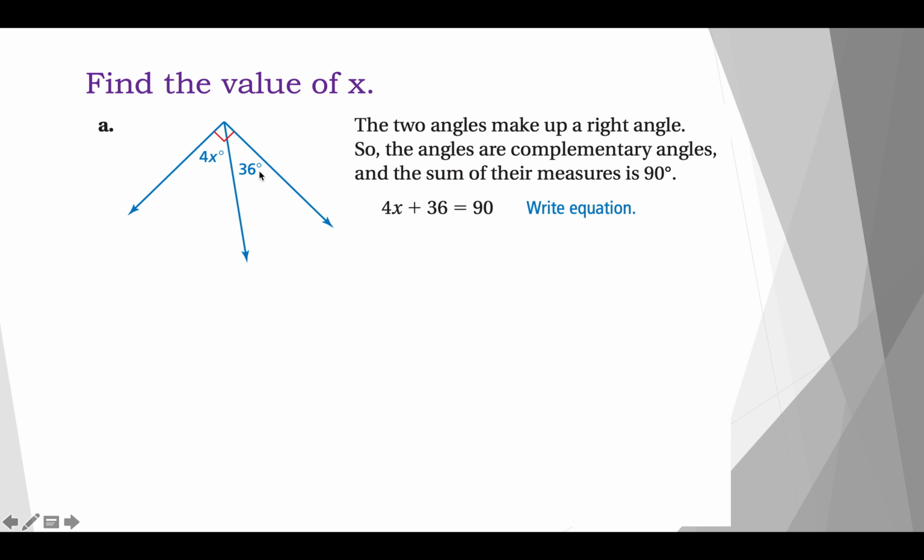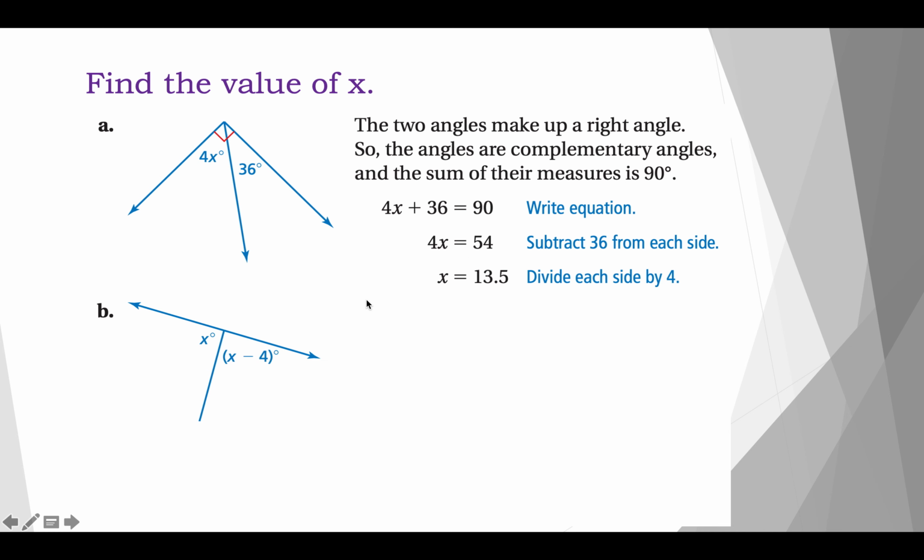Then solve this equation. This is a two-step equation. So first subtract 36 from both sides, which is 4x equal 54. Then divide by 4 on both sides, which is equal 13.5. So this is the value of x.